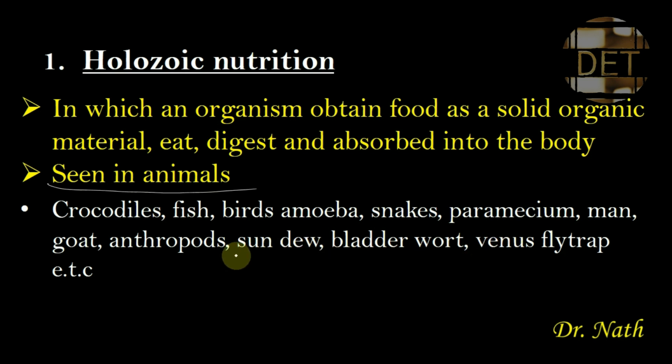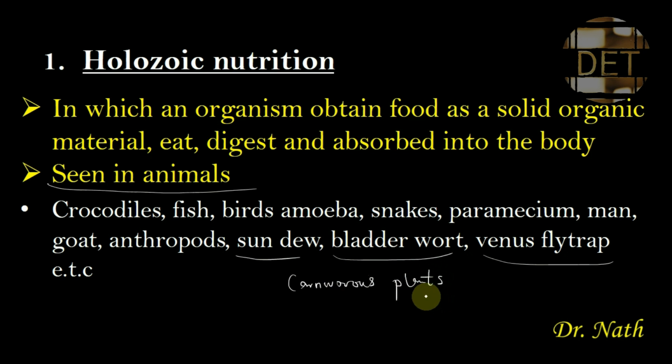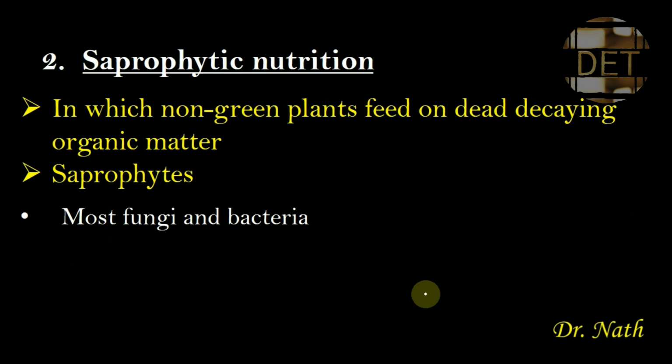And the sundew, bladderwort, and the Venus flytrap are examples of carnivorous plants. So the next mode of nutrition that we have is the saprophytic nutrition.